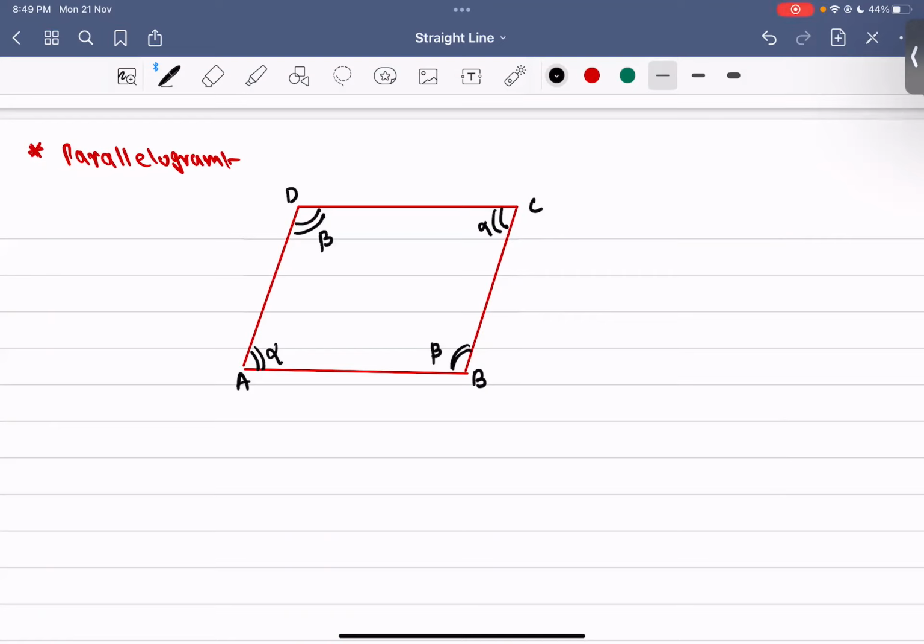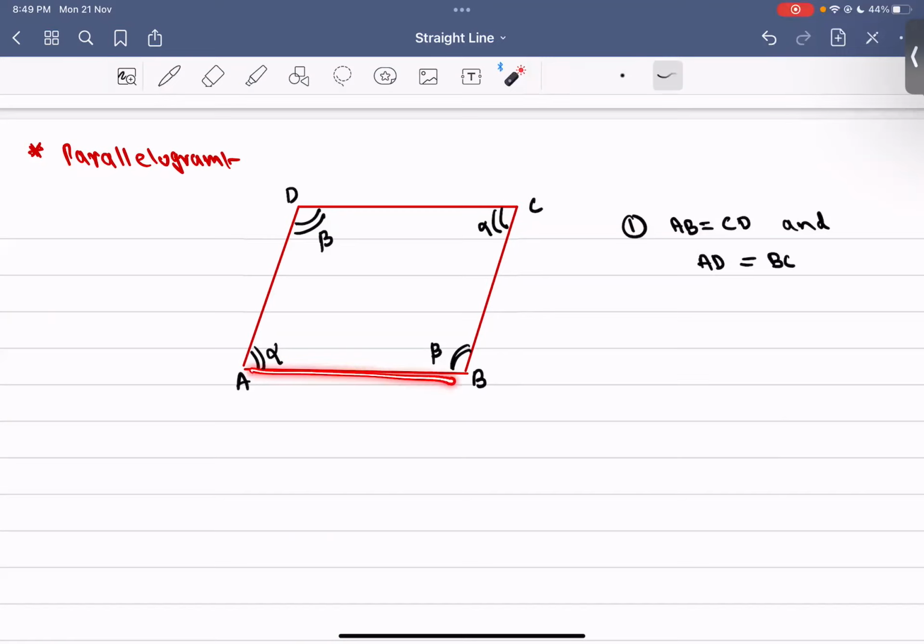The first property is, in a parallelogram, AB side is equal to CD side, length of AB is equal to length of CD, and AD is equal to BC.